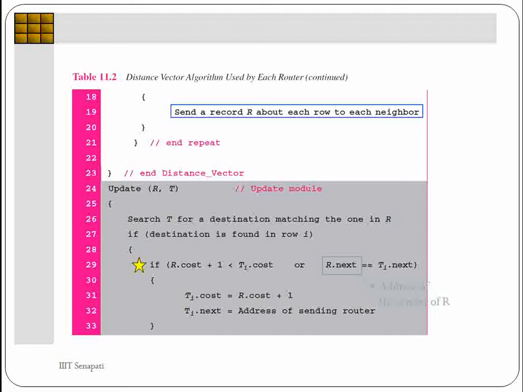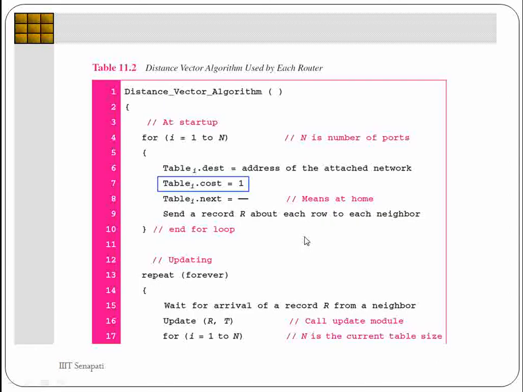Now these are certain things you have understood: the destination address, the cost, and the next hop. These are the three pieces of information that every router should keep. What are the three? Destination, cost, and the next hop. So in this table you will have three entries: destination, cost, and the next hop.